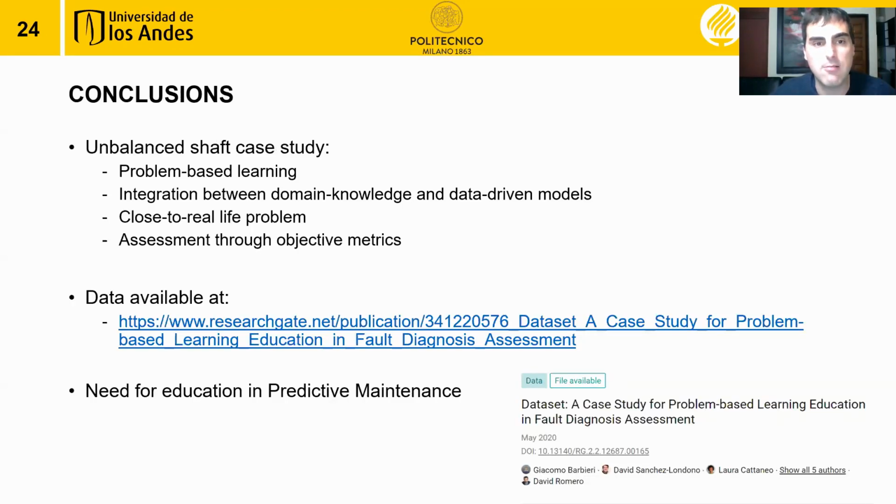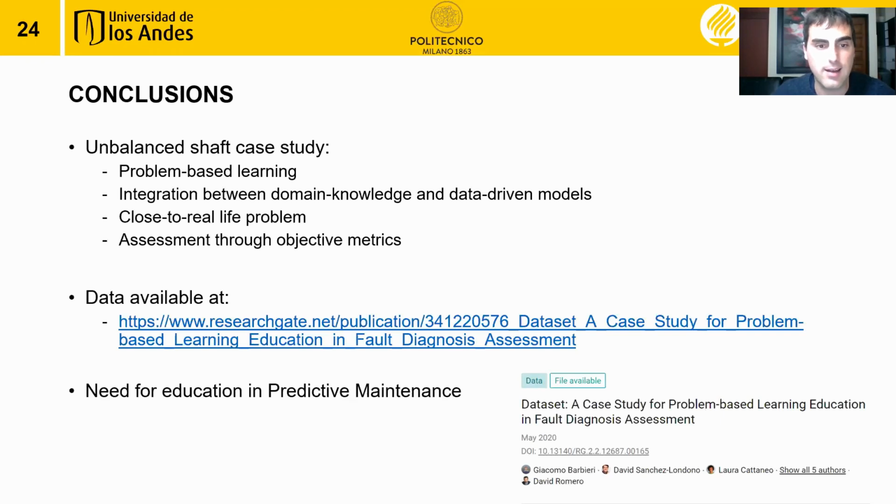For this, what we achieved was a case study based on problem-based learning, which showed the integration between domain knowledge and data-driven models, close to a real-life problem, and which is able to assess the student with an objective metric.